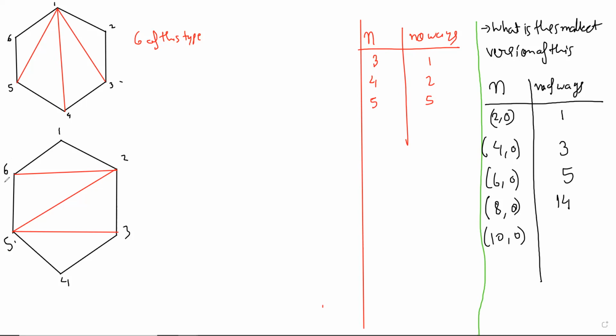So I think in that way we get 6 of this type also. Is that right? So we get the 6. 1, 3, 6. You mean joining 1 and 3?